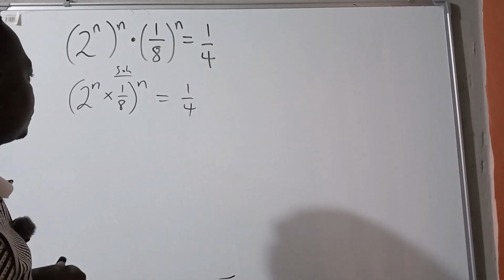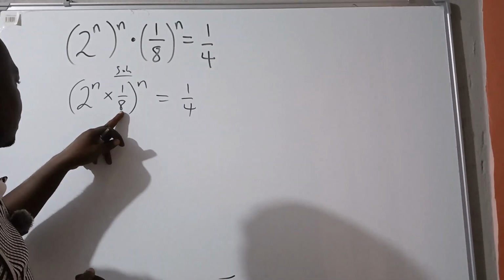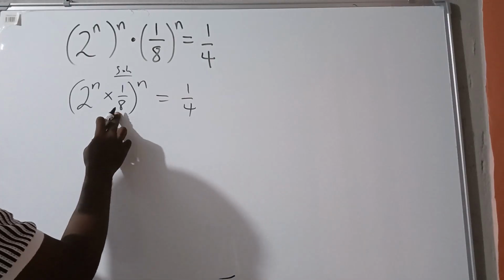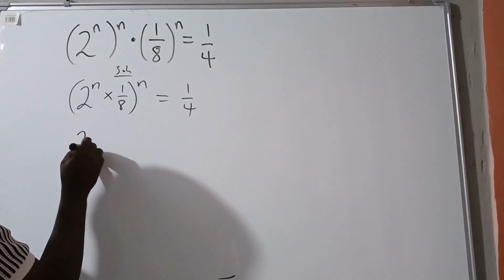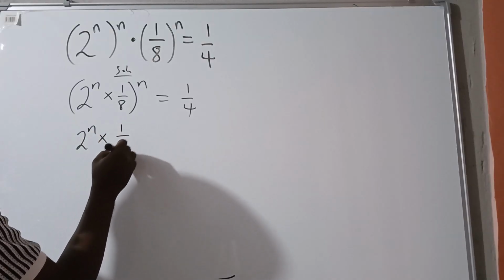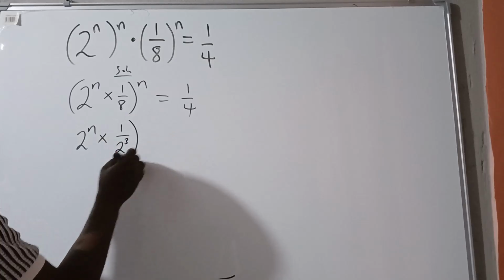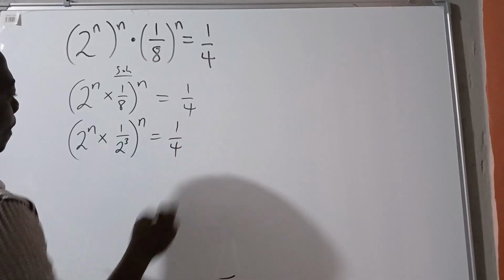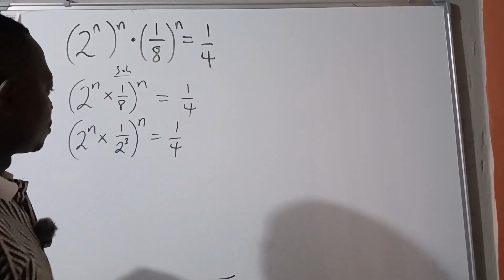Now from here, let's adjust this. 8 is the same as 2 to the power of 3, so we have (2^n times 1 over 2^3) all raised to n equals 1/4.